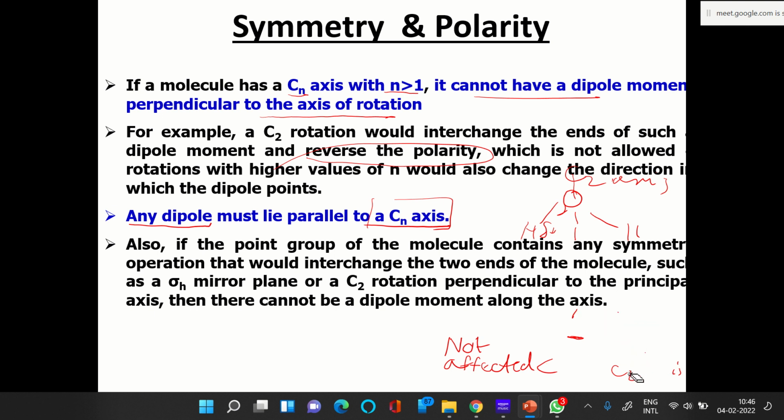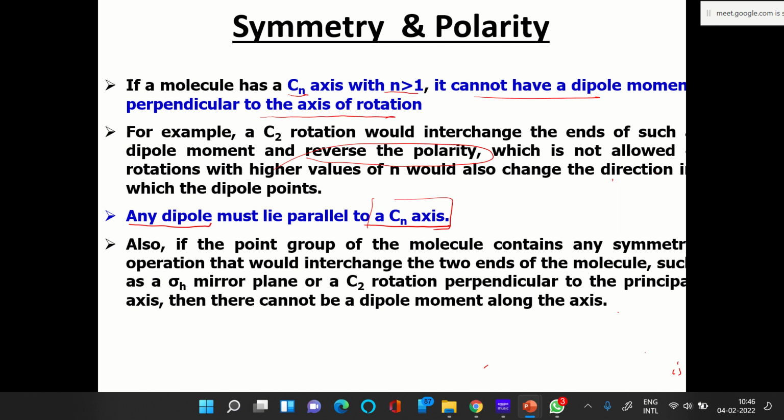So if you think of any molecule that has polarity, a permanent dipole moment, you check it, you will find that the dipole moment is lying along the principal axis. Check in reverse: apply the reverse concept, check all the molecules which are known to be polar, find out the direction of the dipole moment, and whether they are lying on the principal axis or not.